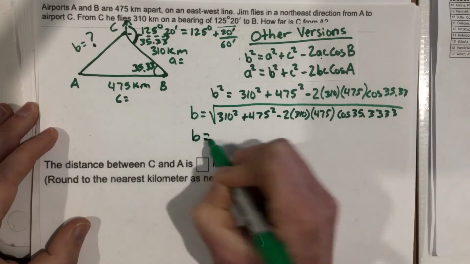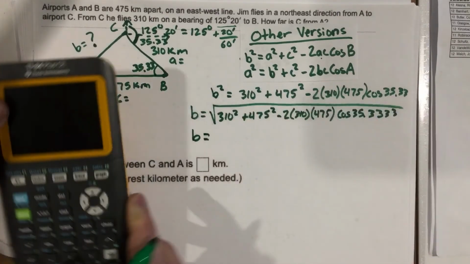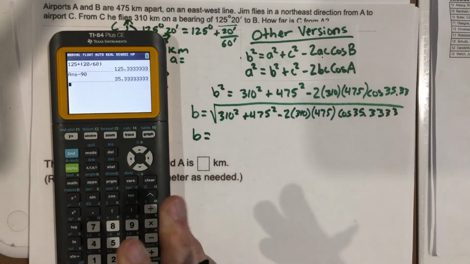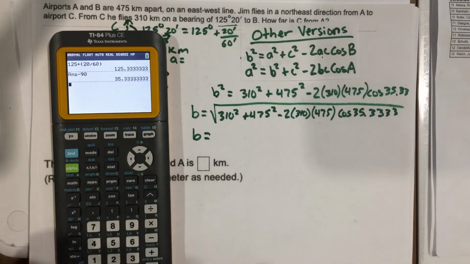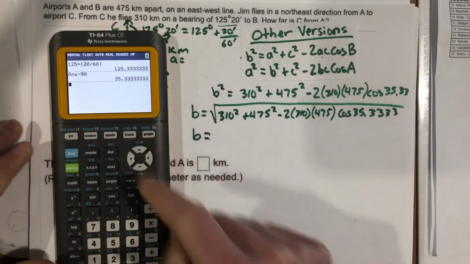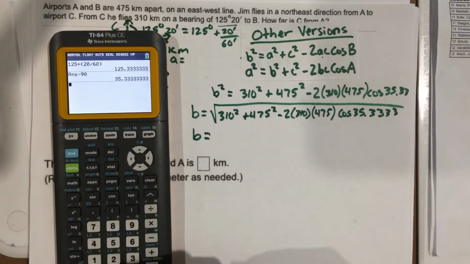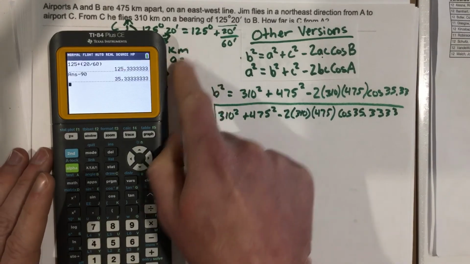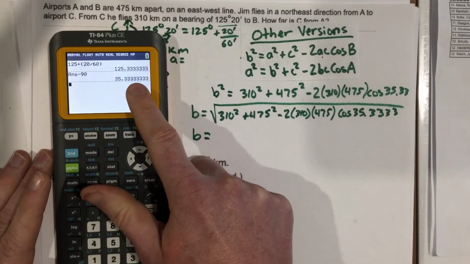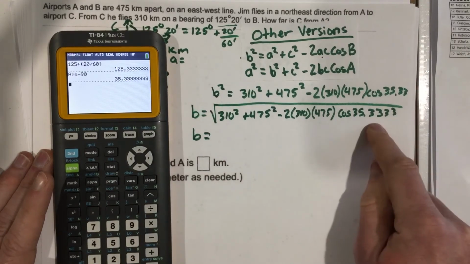So B equals, let's plug that in the calculator. Now, I already have the 35.33 in the calculator from doing 125 minus 90, so I'm just going to leave that there because then I'll use that version when I do this whole cosine 35.33.